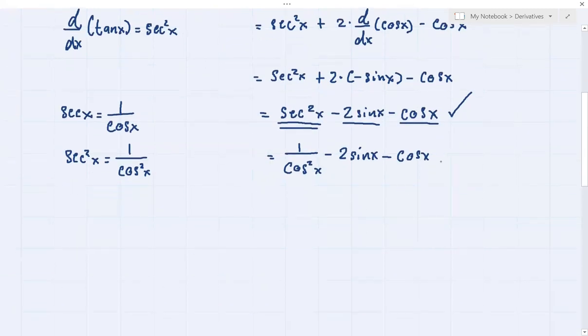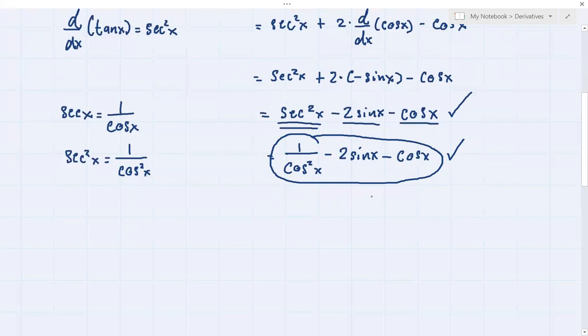Okay. So pwede na rin to. It's still correct, you know. But much better if you're going to convert this, if you're going to transform this into a whole fraction. Kumbaga, lahat sila, gawin mo silang whole fraction.